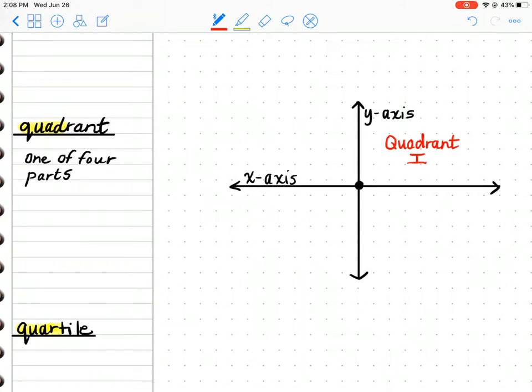And those are designated with Roman numerals. This is quadrant 2. This is quadrant 3. And this is quadrant 4. And we're really not going to work much with this, but I just wanted to give you the definition of a quadrant. It's one of those 4 parts of this plane.